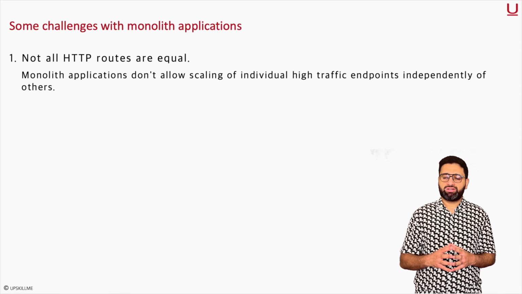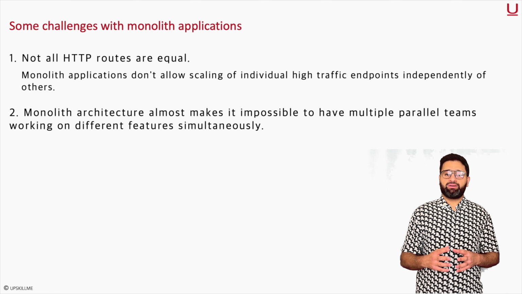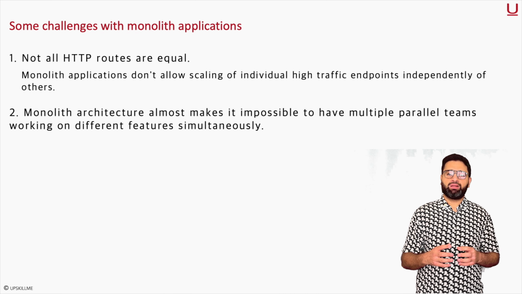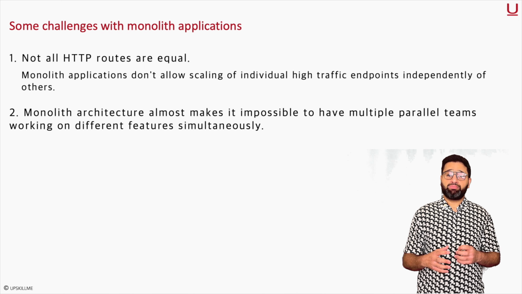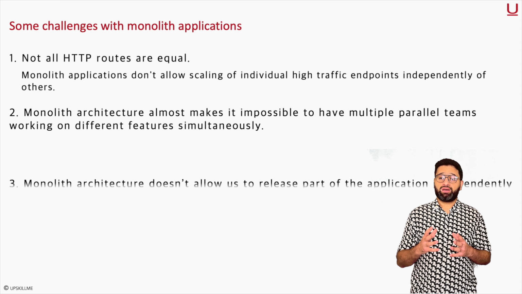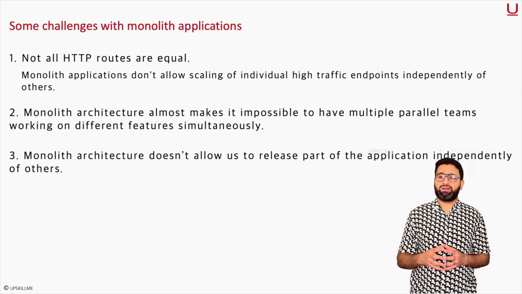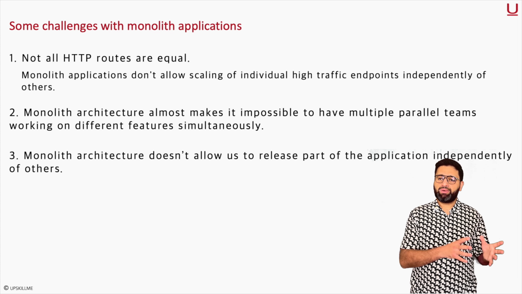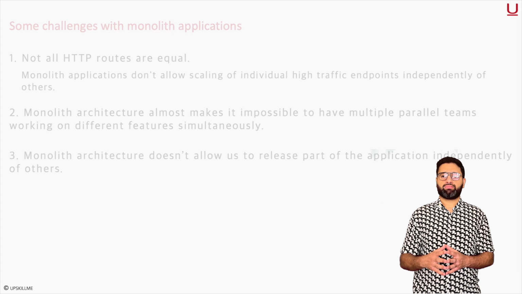Monolith architecture does not allow scaling of high traffic endpoints independent of others. Second, monolith architecture almost makes it impossible to have multiple parallel teams working on different features simultaneously. Time to market for a product increases dramatically. Third, monolith architecture does not allow us to release part of an application independently of the others.